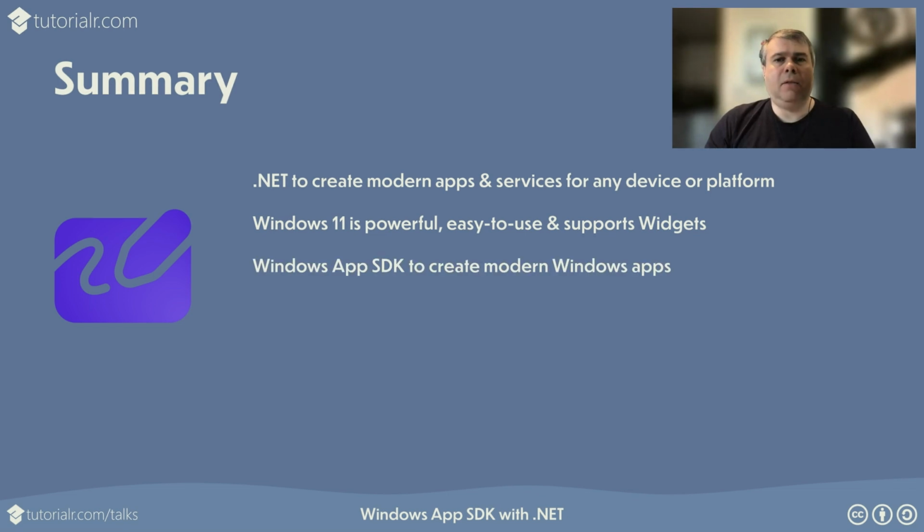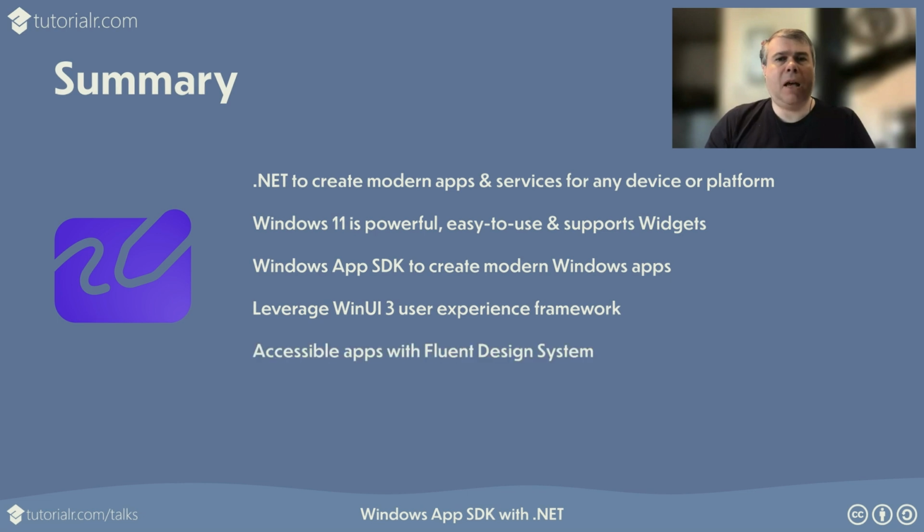Use the Windows App SDK to create WinUI 3 desktop applications in C# and XAML, with the Windows application development workload supporting Windows 10 RS5 to Windows 11. Windows App SDK applications leverage WinUI 3, which is the modern user experience framework decoupled from Windows using the latest user interface patterns. Developers can create accessible apps using WinUI 3 components such as button, checkbox, combo box, and text box that incorporate the Fluent design system.